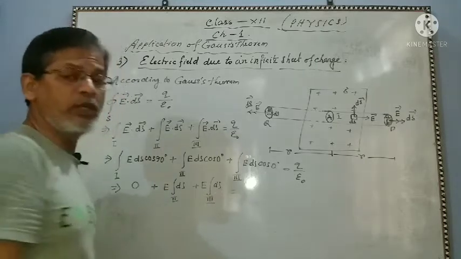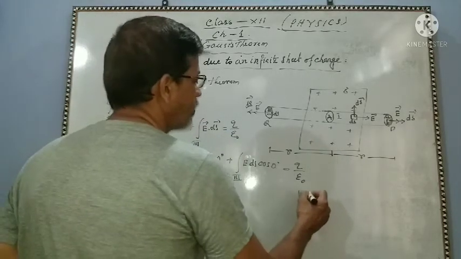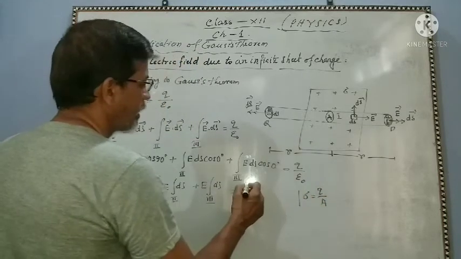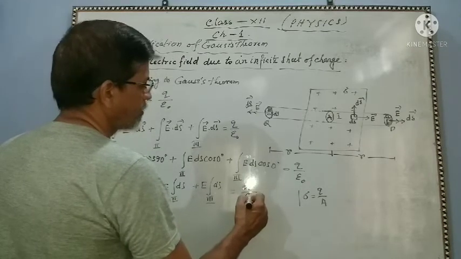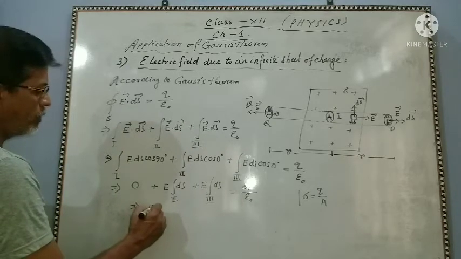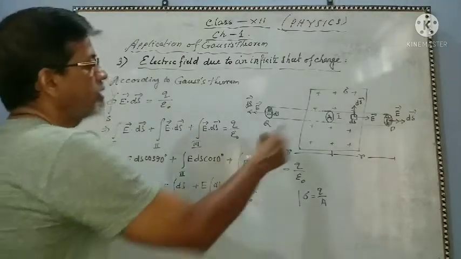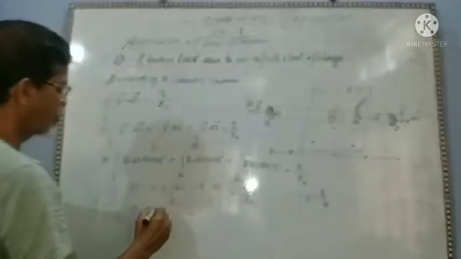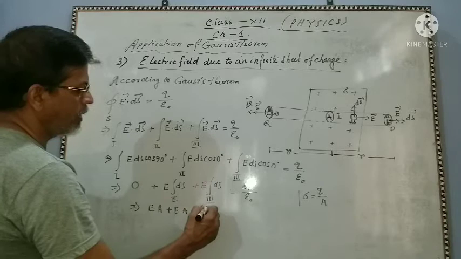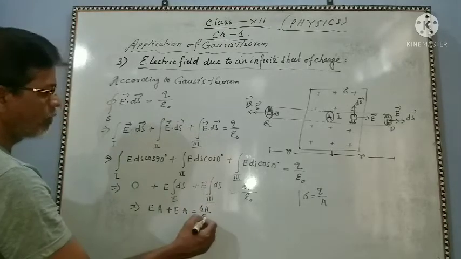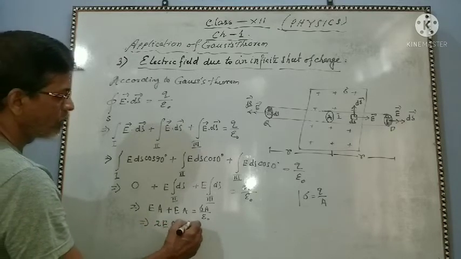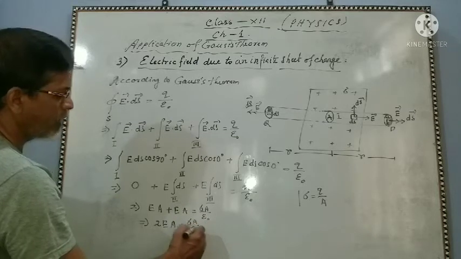What is q? Sigma equals q by A, so q equals sigma A. Then the equation becomes EA plus EA equals sigma A by epsilon naught, since the area of cross section we have taken is A. So twice EA equals sigma A by epsilon naught.